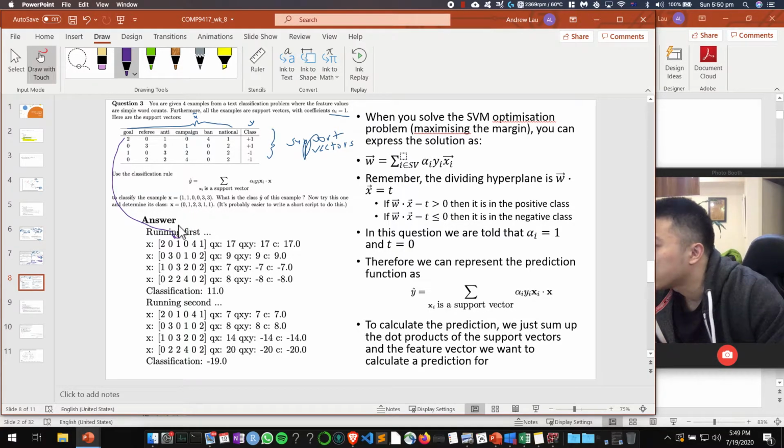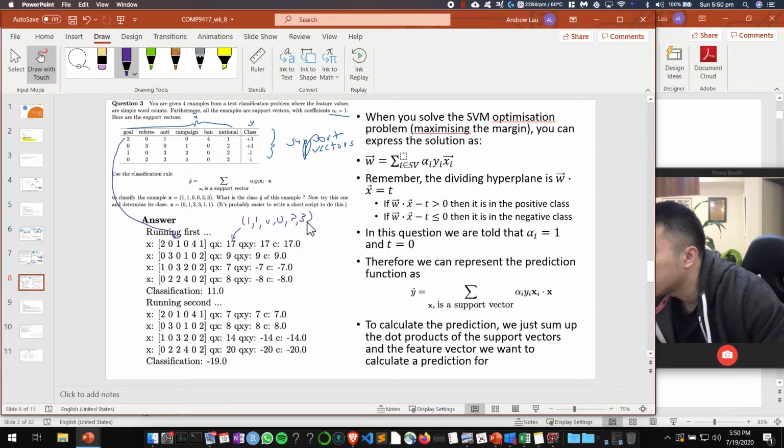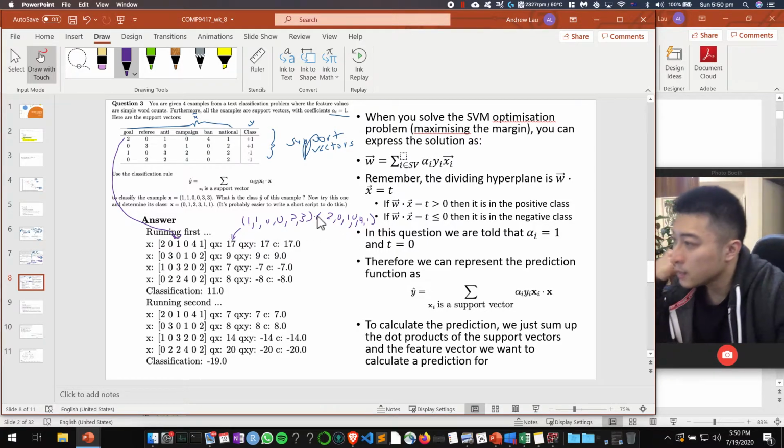So 1 times 2 is 2, 0, 0, 0, 2 plus 12, 14, 14 plus 3, 17, okay? So this one here is the dot product of 1, 1, 0, 0, 3, 3, dot 2, 0, 1, 0, 4, 1, like so.